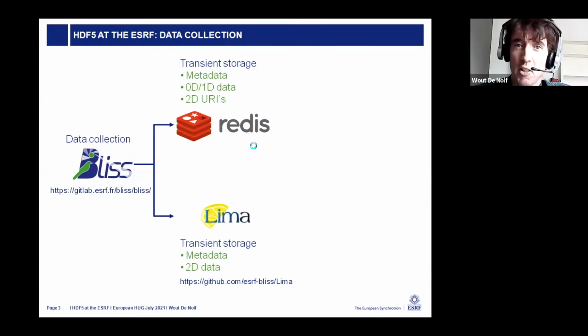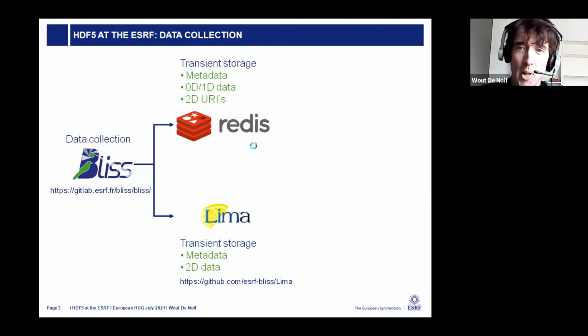So when I say data, I typically speak about three types. Metadata in the sense of the scientific metadata. It could be a description of the sample, a description of the beamline, motor positions, the status of the synchrotron, settings of detectors, and so on. Some of this could be considered data or metadata.